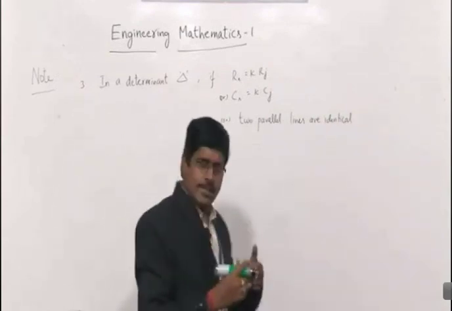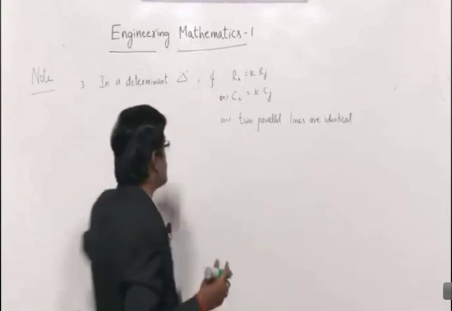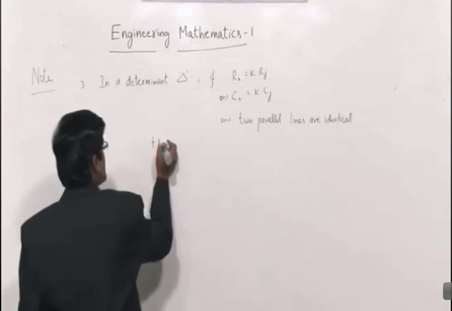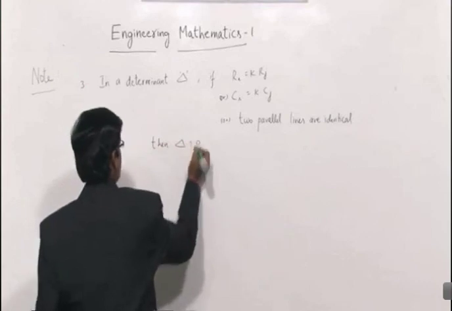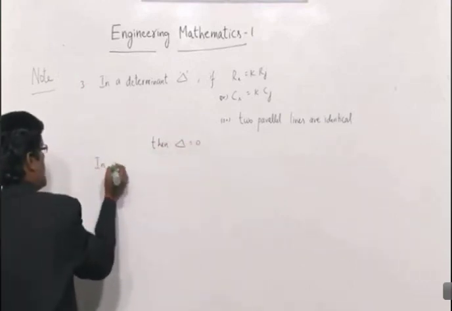Lines means generally a row or column, which is also a vector. Two lines, two rows or two columns are the same, then the determinant is equal to 0. In this case, delta is equal to 0.